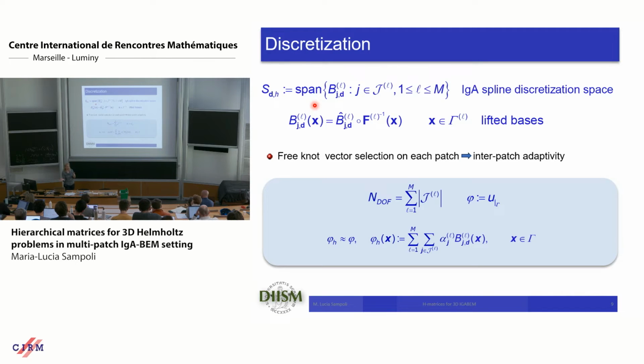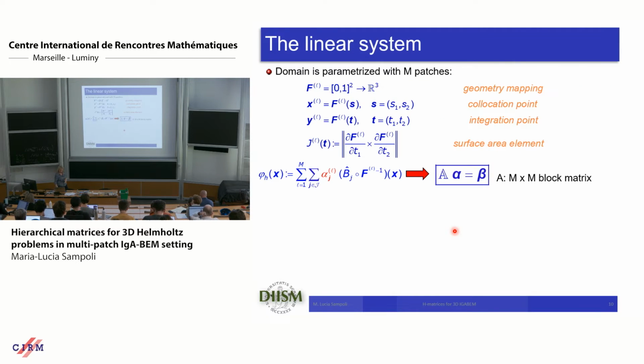And then through the composition with the inverse of the geometric mapping, we map back to the computational domain. So our solution on the boundary will be expressed, for any patch we can glue together, in terms of these bivariate B-splines.